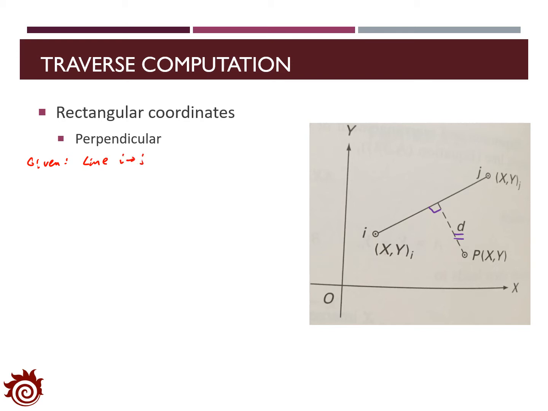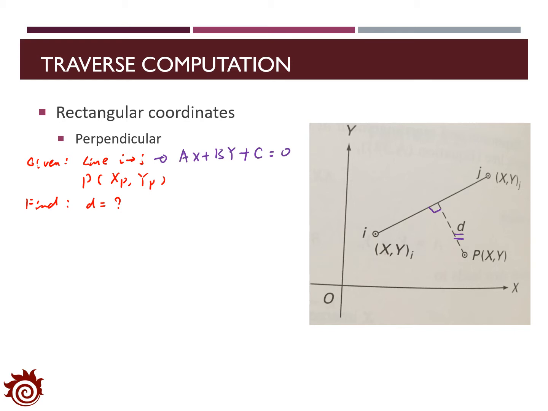We know the coordinates of the two points i and j. Also, we can write the line as the equation ax plus by plus c equal to 0. Moreover, we are given the coordinates of the point P, that is xp, yp. We want to find out the value of the perpendicular distance, little d.